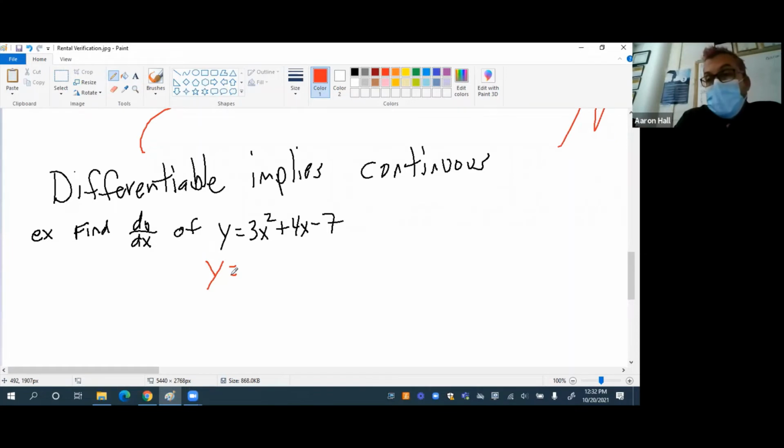What's the derivative? Madeline, what's the derivative? Oh, I'm looking at the wrong rule. Gaia, what is the derivative?